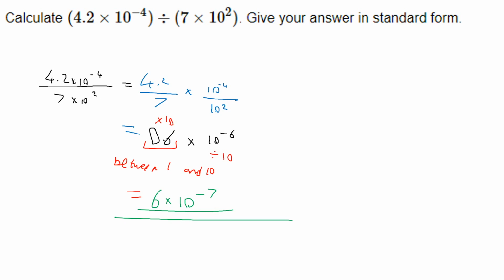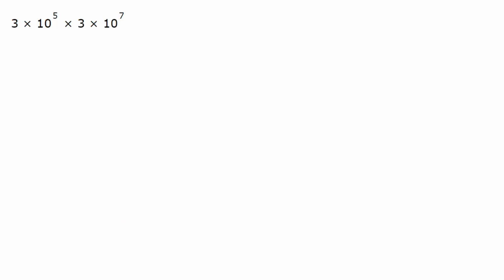What about if we're multiplying? So we're doing something like this. 3 times 10 to the 5 times 3 times 10 to the 7. Well, again, we're going to times these guys and we're going to times these guys. So let's times the numbers in front first.